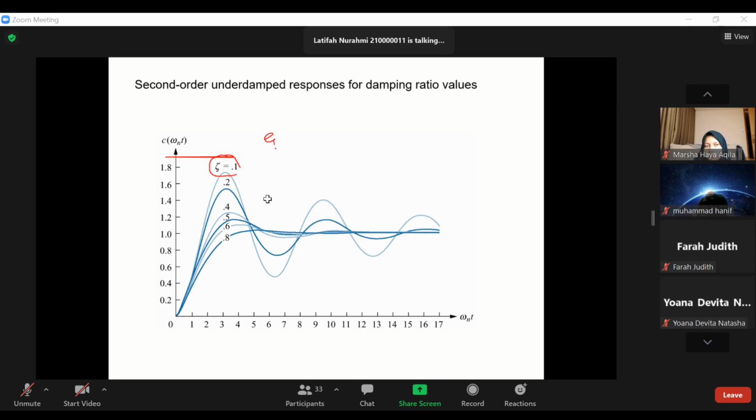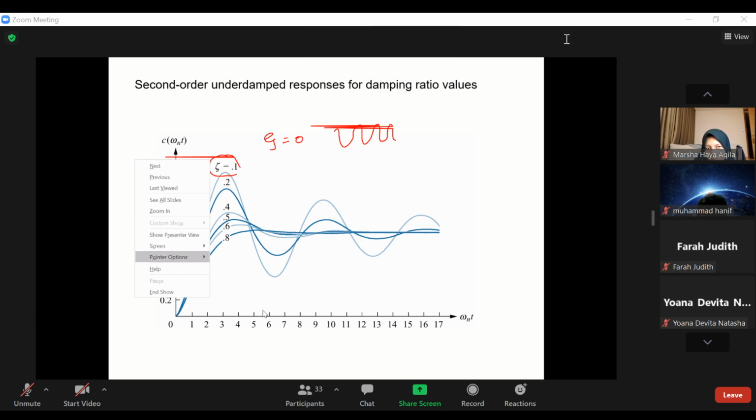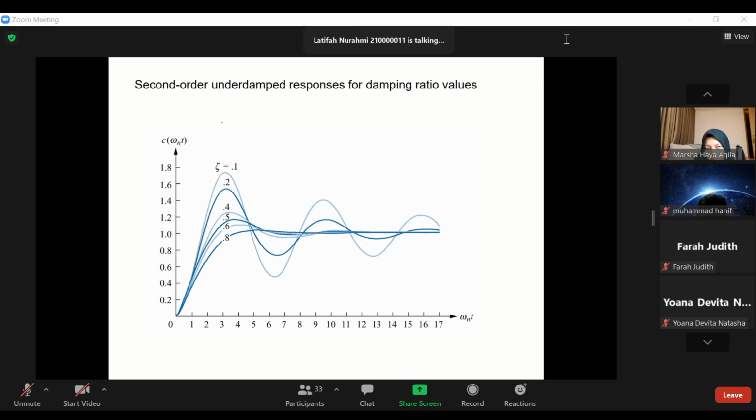You know that when zeta is equal to 0, you will have this oscillation. When zeta is 0.1, of course you will have this very high oscillation. Then it will go down, but it will go up again, go down again, and so on.